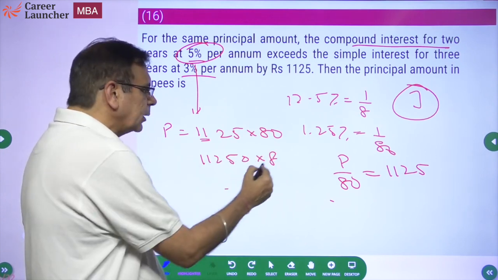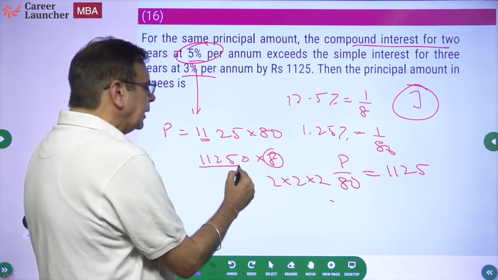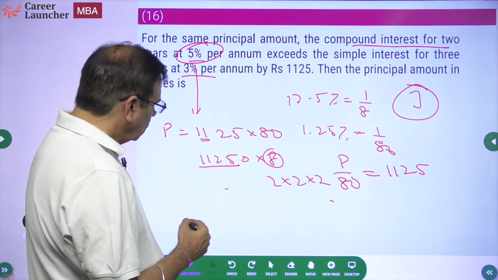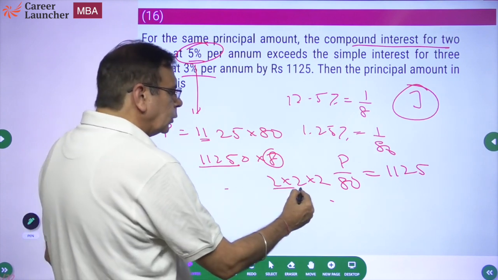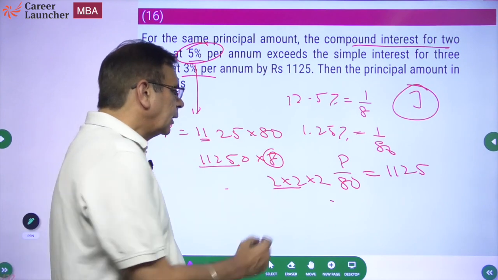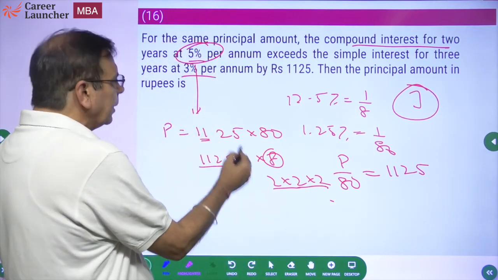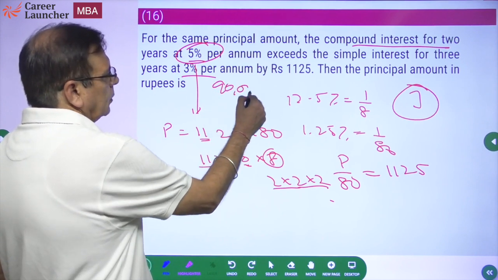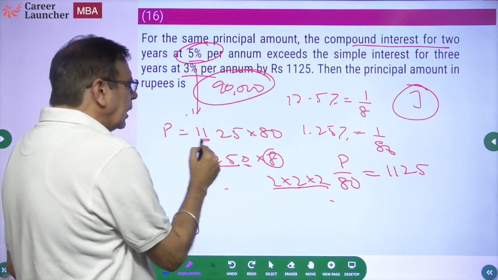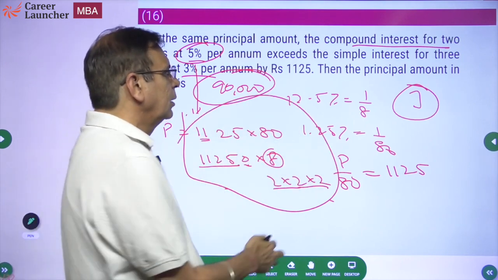What is 8? 2 into 2 into 2. 1125 into 2, 2250. 2250 into 2, 4500. 4500 into 2, 9000. 9000 एक zero ये भी था ना, 90,000. This is an oral calculation. If you are writing down and doing this calculation, again you are wasting your time.